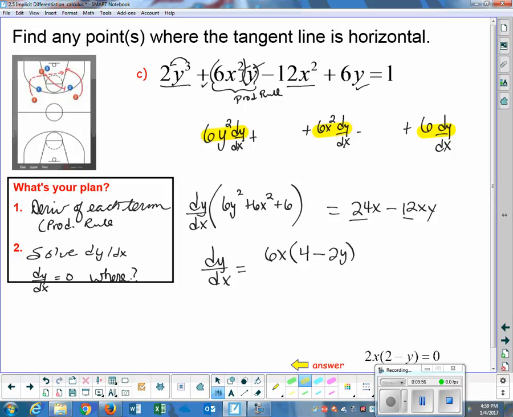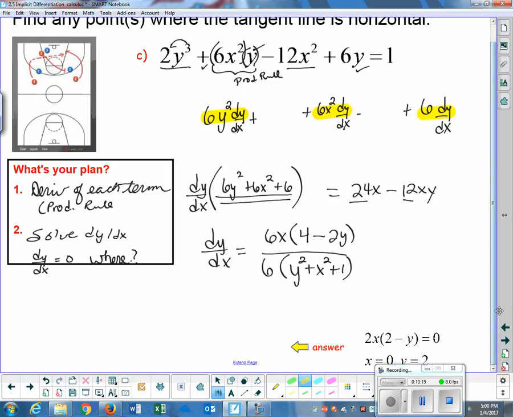Check it out. Does that equal 24x? Yep. And 6x minus 2y equals the 12xy. I'm going to divide by this, but what I notice as I'm dividing, they have a 6 in common, so I'm going to factor out that 6 while I'm doing this. I did a couple steps at once. Hopefully you can follow. Well, what does that give me?